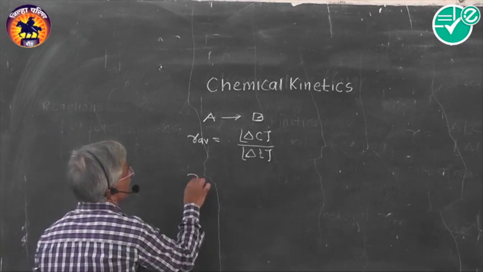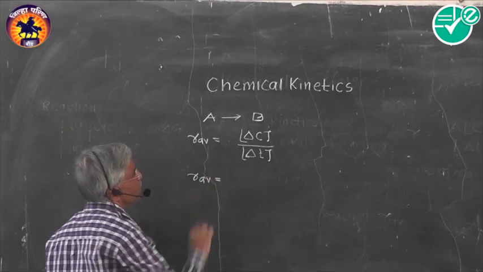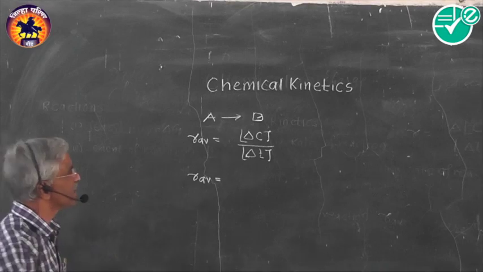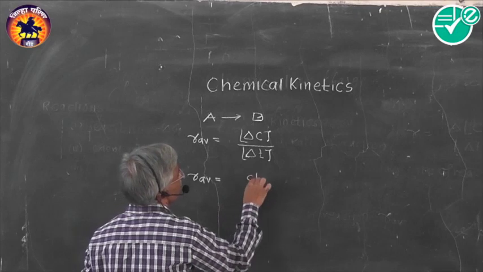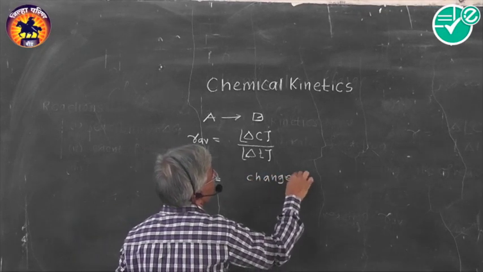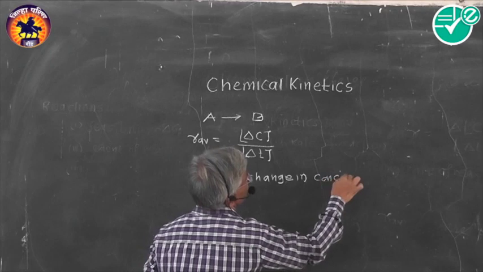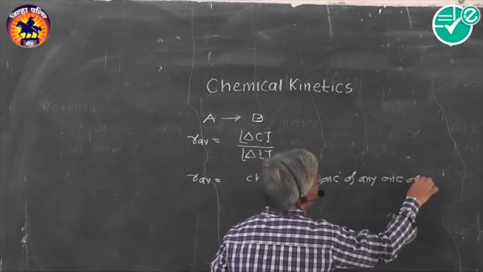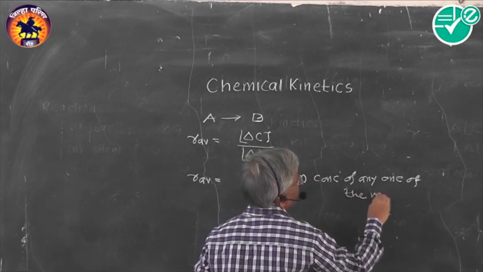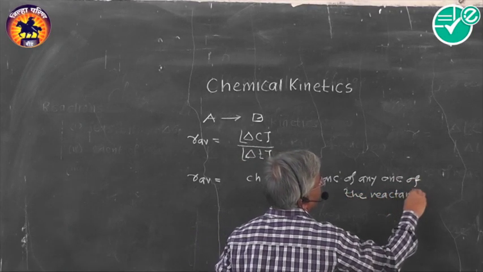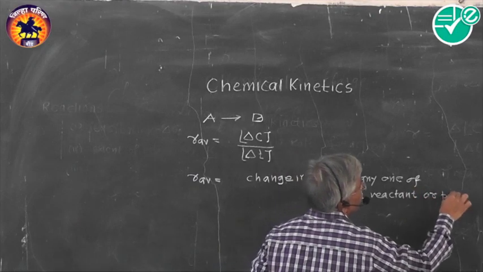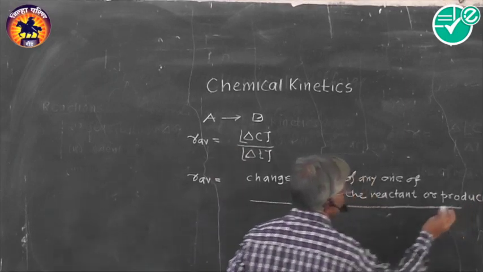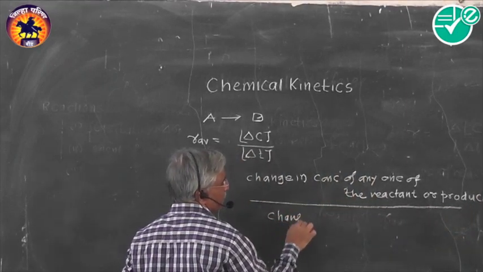and therefore the rate average, for those who don't want mathematics as such but to go in the form of words, we can write it as the rate average is a change in concentration of any one of the reactant or product divided by the change in time.